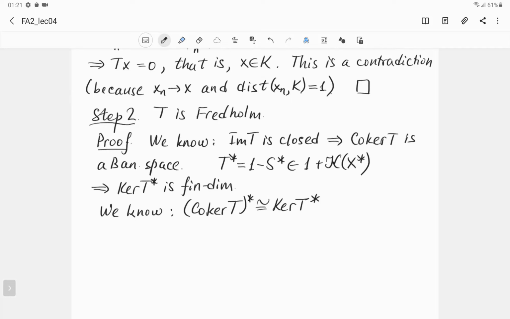But the kernel of T star is finite dimensional. So the dual of the cokernel of T is finite dimensional. And this implies that the cokernel of T is itself finite dimensional. And since the kernel of T is finite dimensional by step 1, we conclude that T is Fredholm.